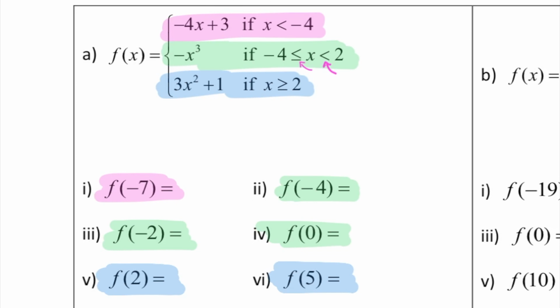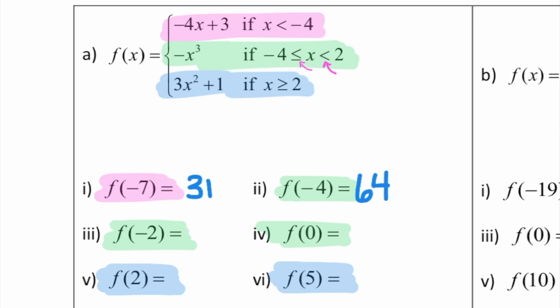So when you substitute for x is -7 in the pink section, this first part you should get 31. When you substitute -4 in the middle part, you should get positive 64.